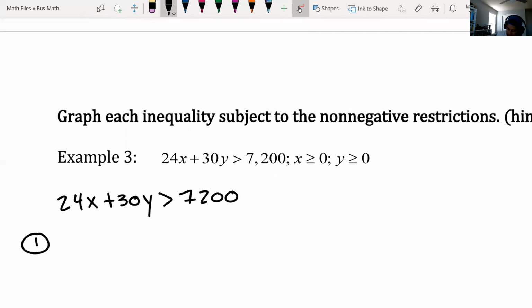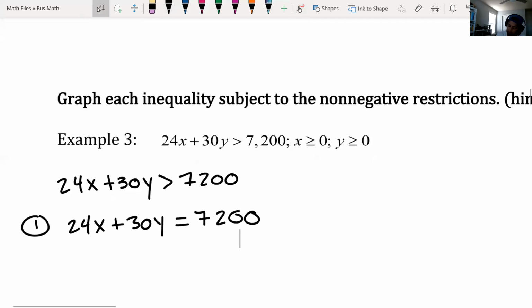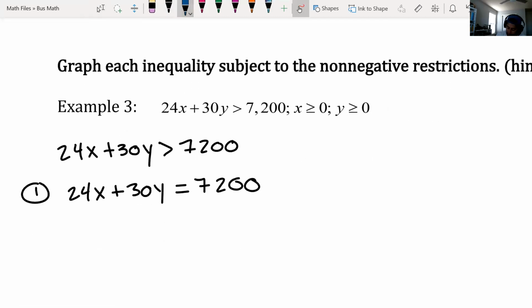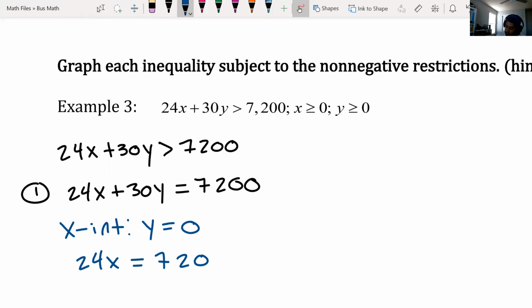So step one for this is to find your x and y intercepts. So all I'm going to do is make this 24x plus 30y equal to 7,200. And then let's go x-intercept, y-intercept. So for our x-intercept, again, you let y equal 0. You'll get 24x equal to 7,200.